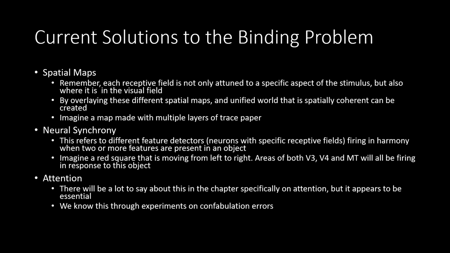Finally, there's attention, and attention is quite fundamental to the binding problem. We'll talk a lot about attention when we get to the chapter specifically on it, but it does appear to be essential for this binding problem. We know this through experiments on confabulation errors, which are experiments in which when you overload the attention of a participant, they will be able to successfully remember what objects and stimuli were presented to them, but they will mix up the features that go with them.